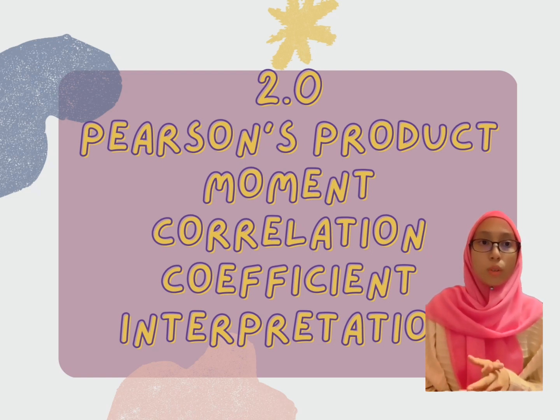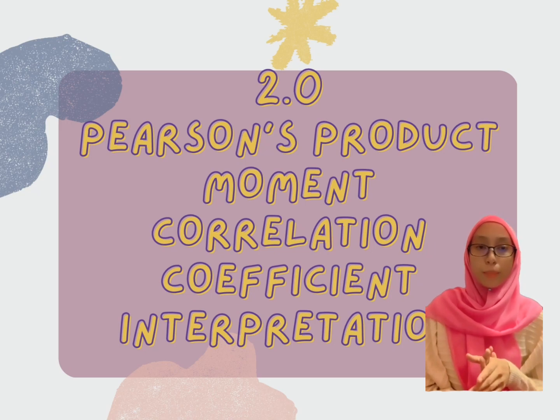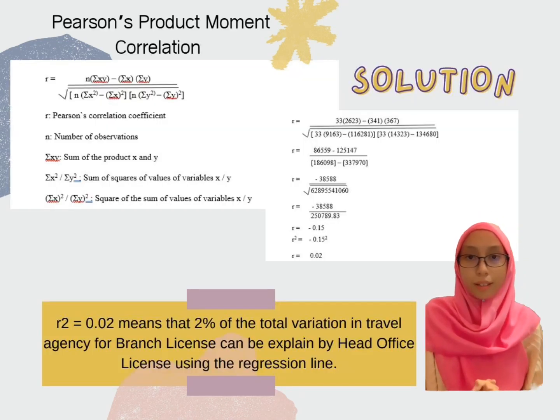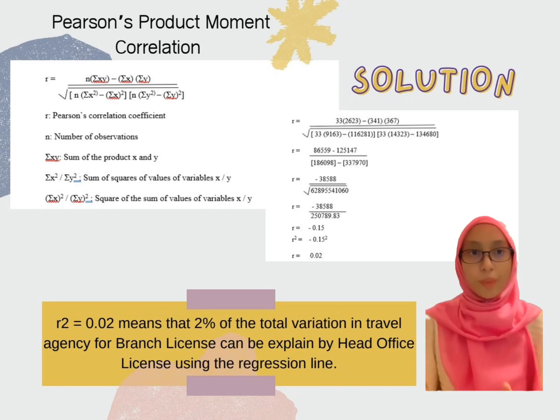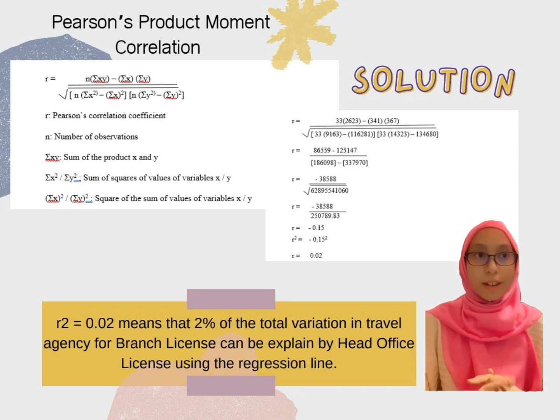This study was done to look between two variables and to explain the calculation of the correlation coefficient to know how strong the relation between the two variables is. For the study taken in this assignment, the independent variable is head office lesson and the dependent variable is branch lesson.